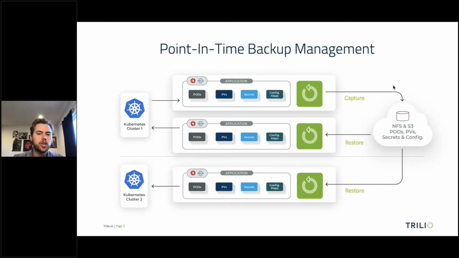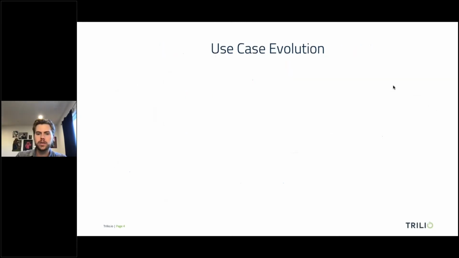And from there, you can actually do transforms in Trilio to make sure that the application in cluster 1 using storage class 1, let's say, successfully uses the RKE Longhorn storage class when that restore occurs. So you can customize those components before the application is even deployed into your new Kubernetes cluster. And so hopefully as we go along, we'll have a little more clarity on that one as well.